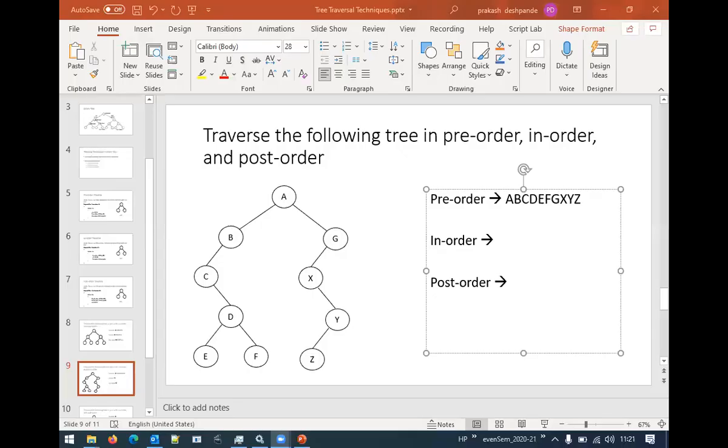Now we read Z. Z is actually left of Y. Then what is there on the right of Y? Nothing. Now after Z, what should I read? Y. That is the root. Then after Y, X, because Y is the right of X. So X I get. Then after X, after G, A.